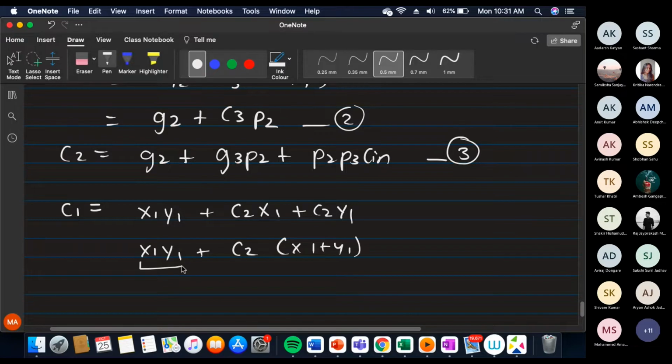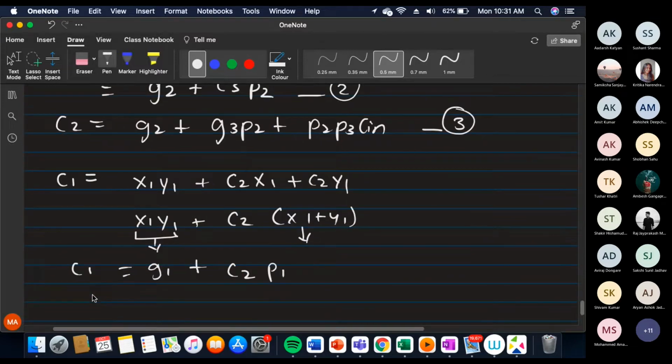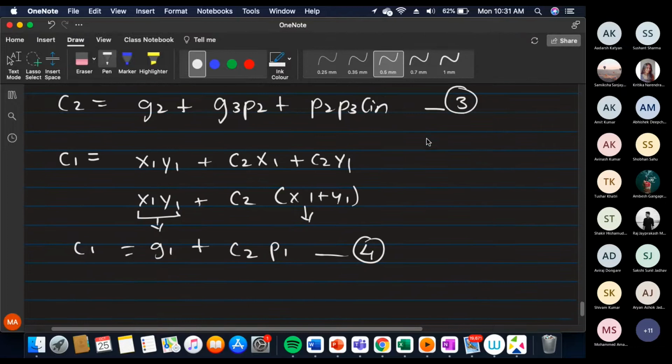Make it as G1 plus C2 P1. So that is equal to C1. Make it as equation number 4. In equation number 4, substitute the value from equation number 3 and get the new value of C1.